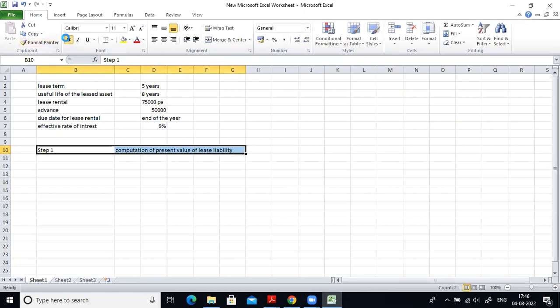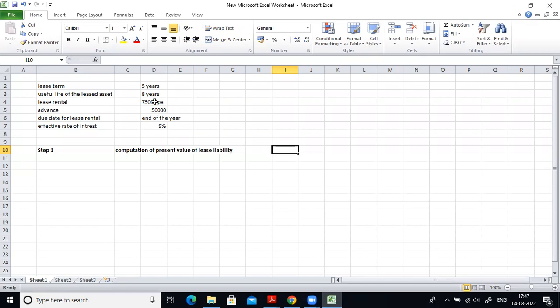Now, present value of the lease liability is nothing but whatever payment you are making, we need to compute its present value. So here, the lessee is paying 75,000 per annum, and they paid an advance of 50,000. Effective rate of interest is 9%. So what will be the present value of this particular lease liability?